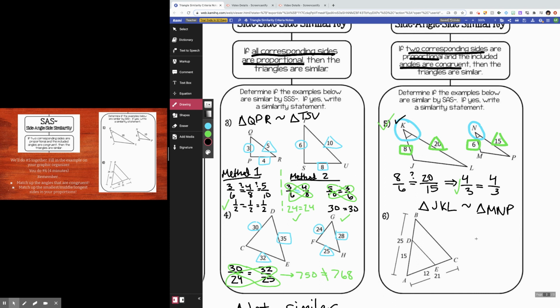Okay. All right. Then in this last one here, really quickly, I want to point out to you that this is what I meant when I was talking to you about shared angles. Okay. So you can kind of see in this picture that you have got two different triangles, this smaller one here, and then this larger one, right, which covers this whole thing, right?